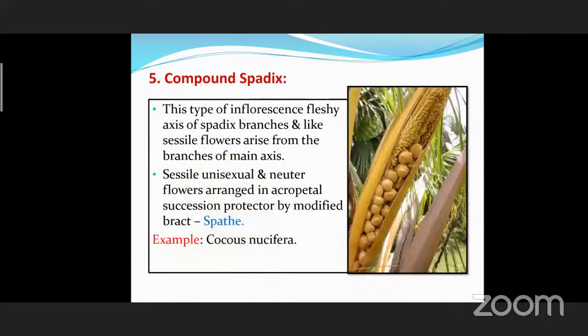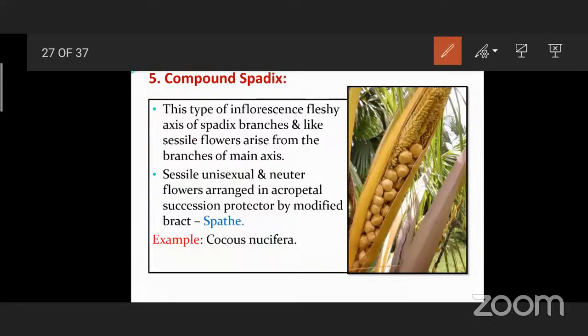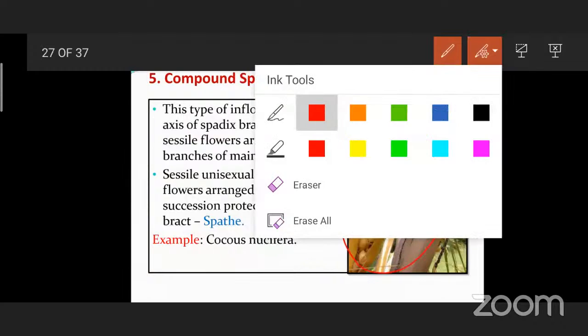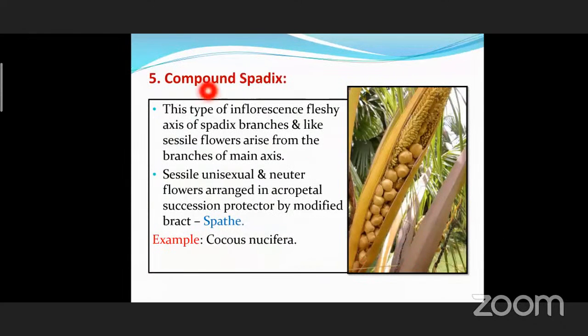And the last one, fifth one, compound spadix. The best example is Cocos, scientific name Cocos nucifera. In this type of inflorescence, the fleshy axis of the spadix branches, and sessile flowers arise from the branches of the main axis. Sessile, unisexual or neutral flowers are arranged in acropetal succession.